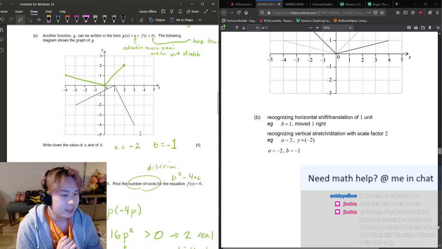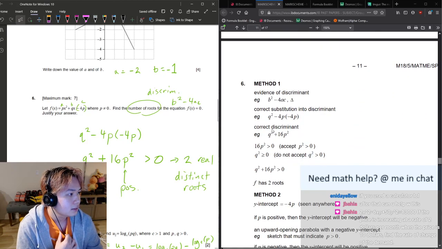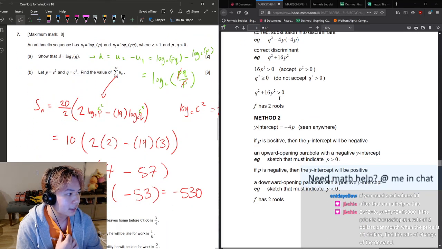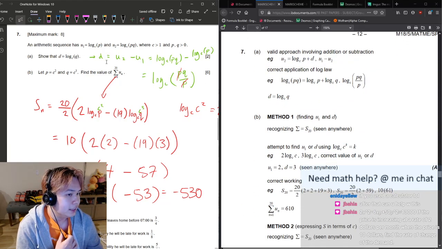And then find the value of A and B, -2 and -1. So that's good. This one is a showing thing, so if you can show it, it's right. So I did, so that's fine. Okay, show D is log CQ, which I did, that's fine.